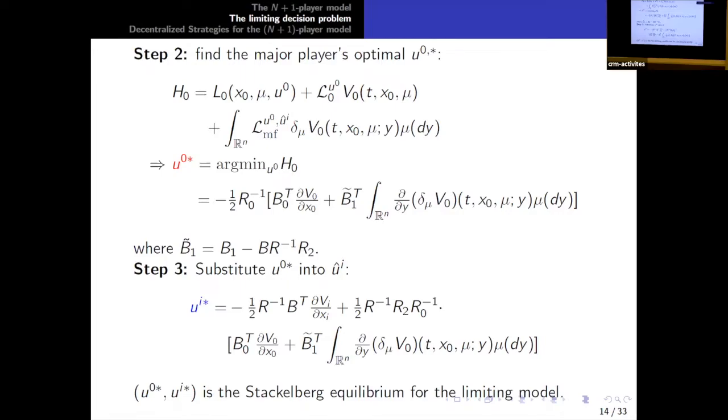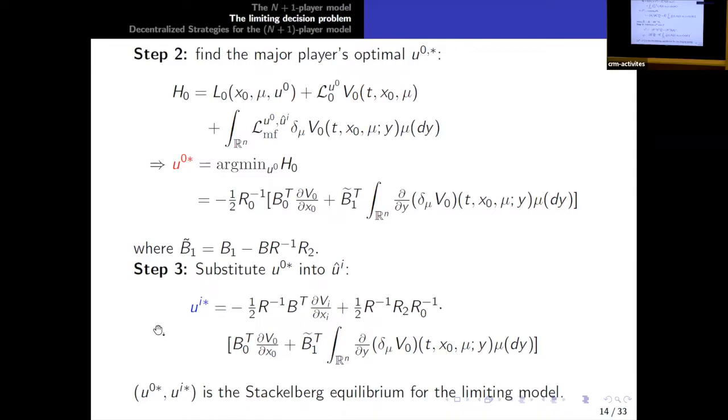You can see in this case, actually, we need to somehow iterate the minimization part. It's different from the large case for the master equation. For the large case, all of them will select the optimizer simultaneously.